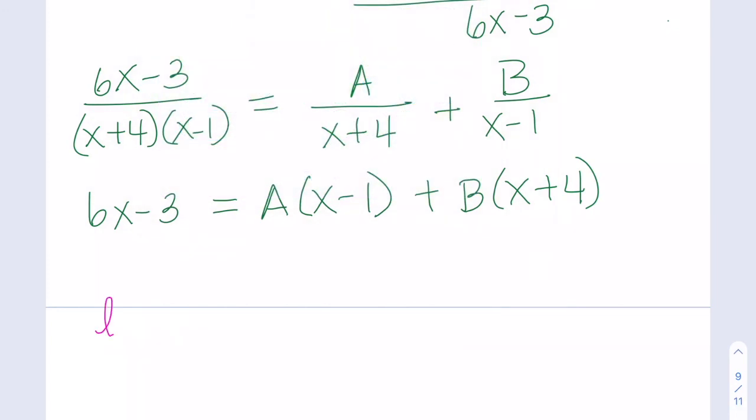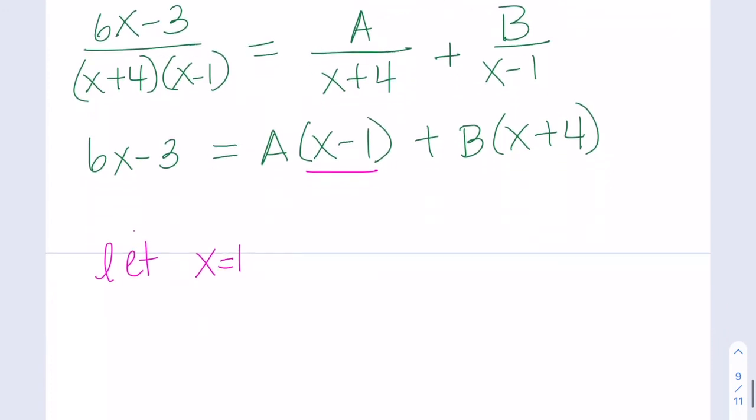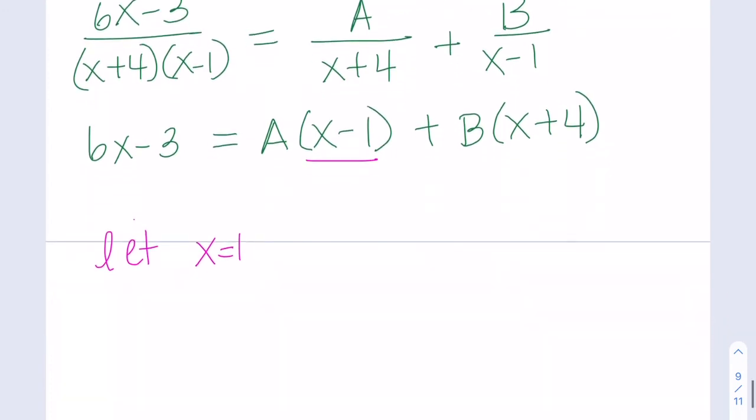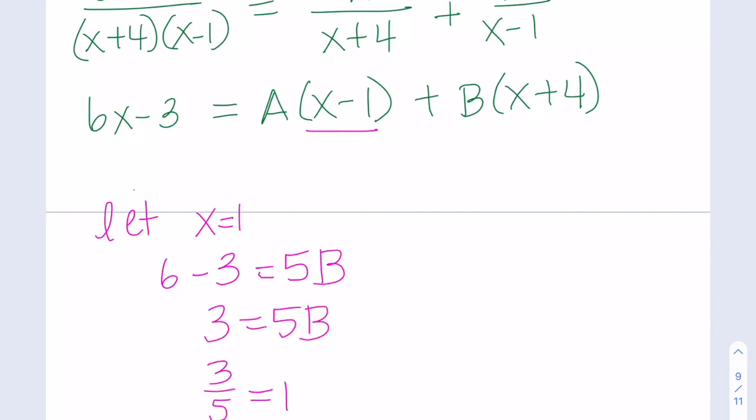So if we let x equal 1, that would cancel out the a, and we would have 6 minus 3, and that would be 5 times b. So 3 equals 5b, 3/5 equals b.